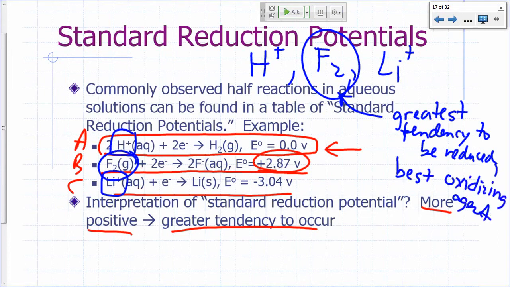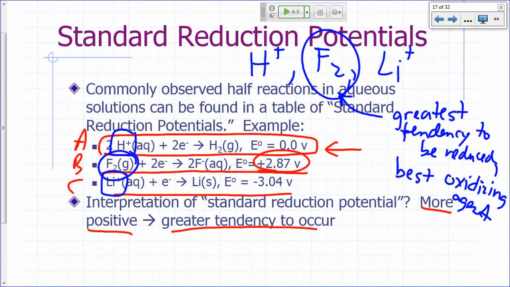If something gets reduced, you're causing something else to get oxidized. So something that's reduced, we say, is an oxidizing agent. Something that gets oxidized is a reducing agent. If you do hear those terminologies, make sure you understand what they mean. When you say oxidizing agent, that is something that is getting reduced.